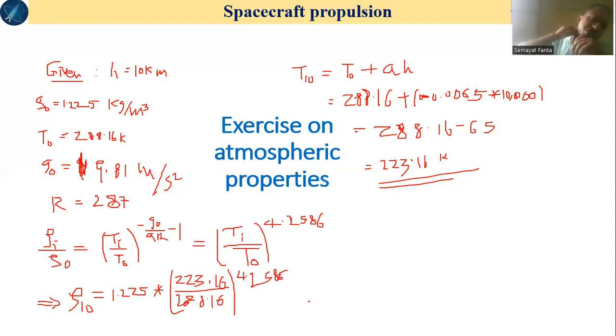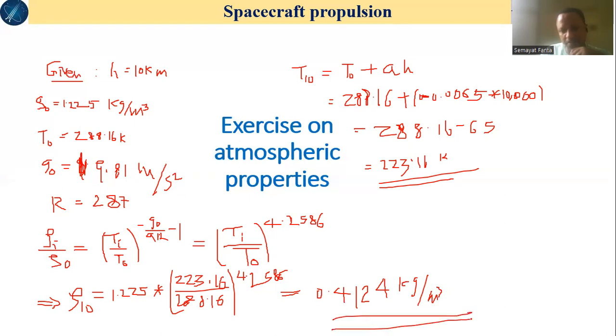Anyway, so it gives you the density value 0.4124 kilogram per meter cube. So this is the density.